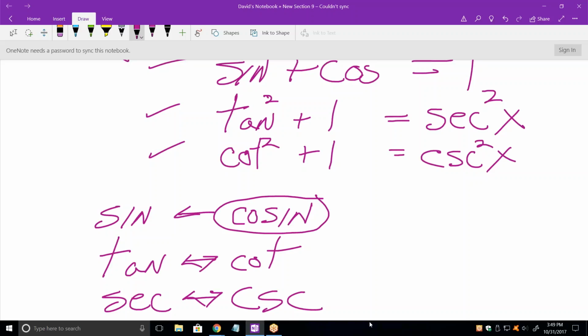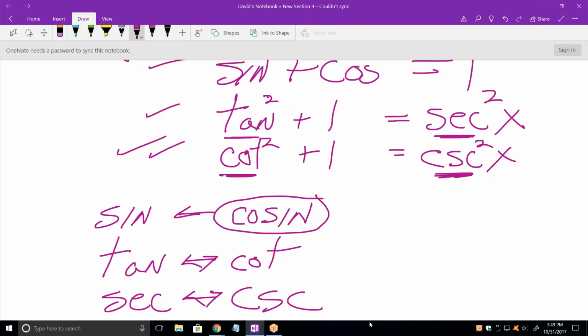Now, when I said this third trig identity was easy to remember, it's because it's the cofunction of both. In other words, cotangent is the cofunction of tangent, and cosecant is the cofunction of secant. So if you think of the third trig identity as just being the cofunctions of the second, you got it.